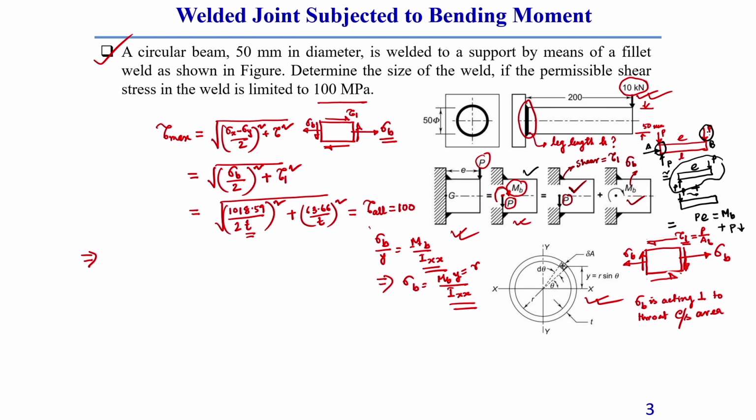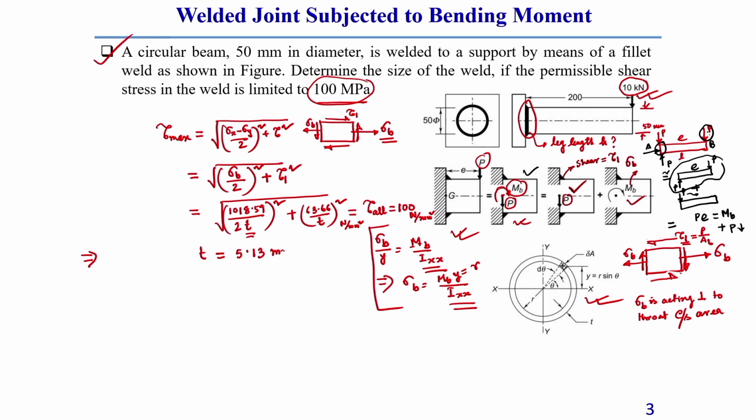The left side unit is Newton per millimeter square and the right side unit is also Newton per millimeter square, because 1 MPa is equal to 1 Newton per millimeter square, always keep this in mind.